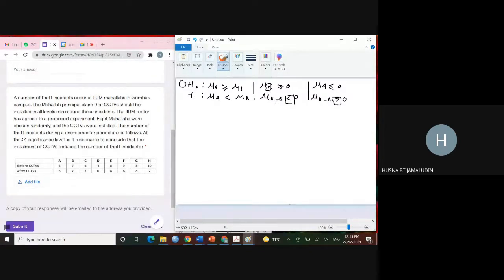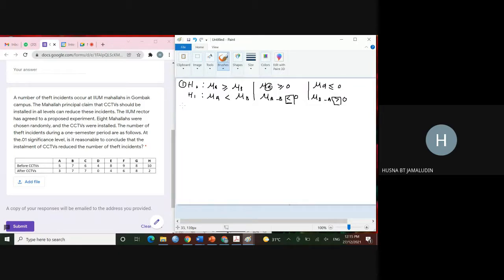If you think that it's hard to use the D, then you can use just the simple one: mu after is smaller theft cases compared to mu before, and you make your life easier. But if you think that putting D can show that your understanding level is better, then do it. But make sure that the difference is specified. Make sure that you are not confused by yourself.